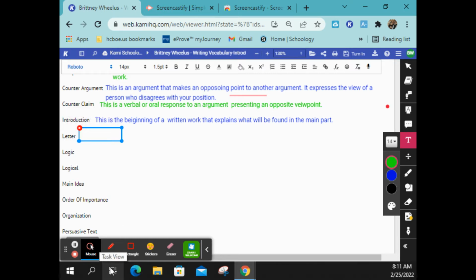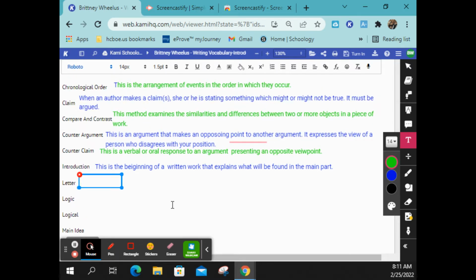What did I spell wrong? Where? It should be who disagrees with your position. Oh, counterclaim. Which screen are you looking at?